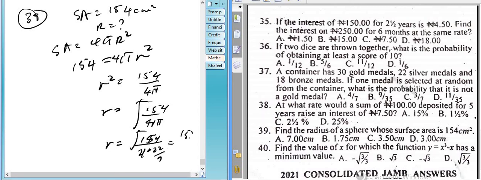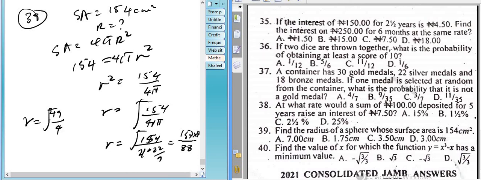So r is equal to the root of 154 over 4 pi, which is 154 over 4 times 22 over 7, which is equal to 154 times 7 all over 22 times 4, which is 88.